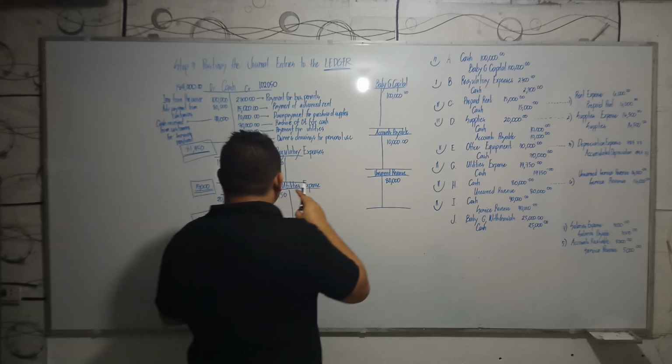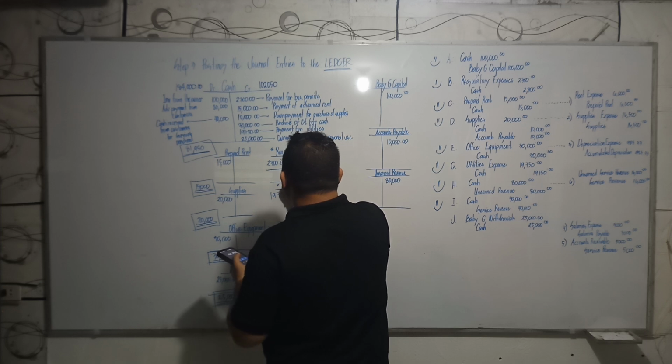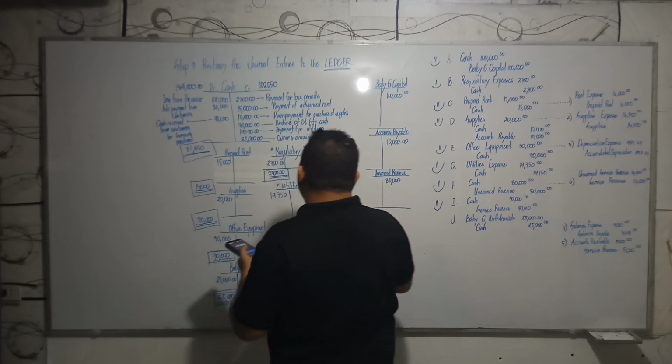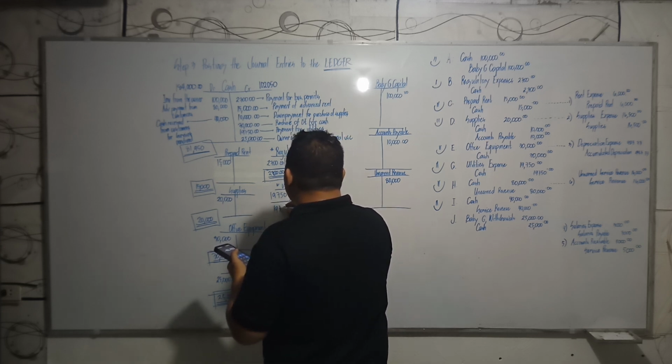And we have the regulatory expenses. So let's erase it here. So we have 2,300. That is the balance of the regulatory expenses. And we have the utilities expense, 19,750. That's it for the debits.